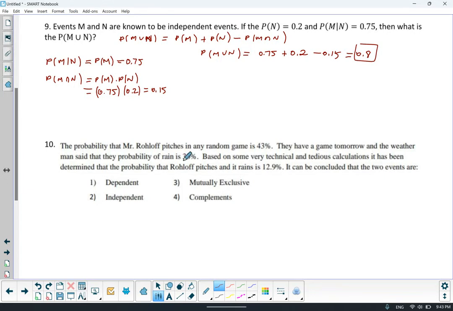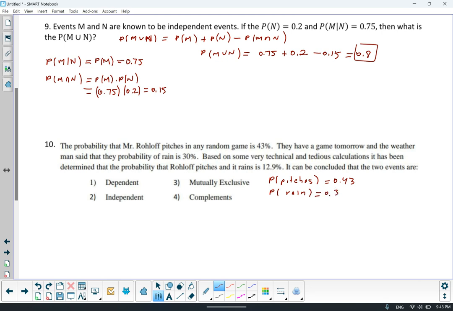And last problem, you have the probability that this man pitches is 0.43, and the probability that they have a game tomorrow and the weatherman said that it's going to rain is 0.3.